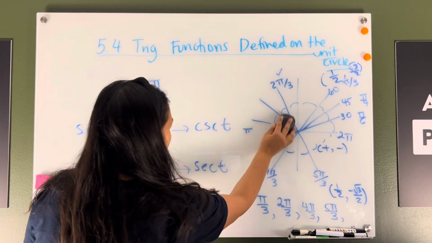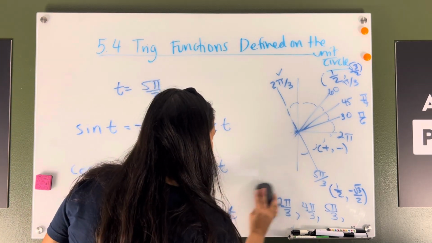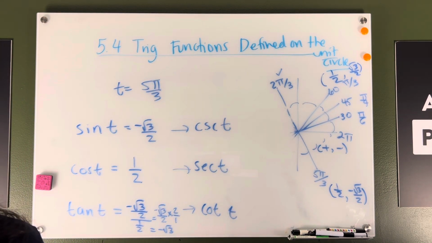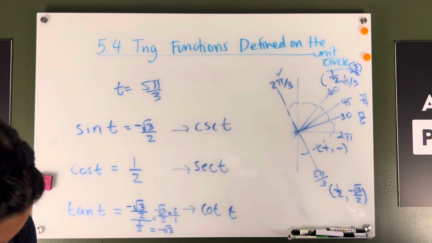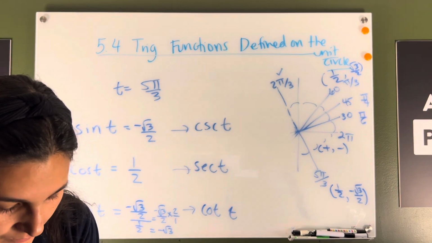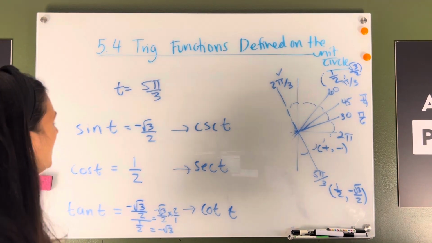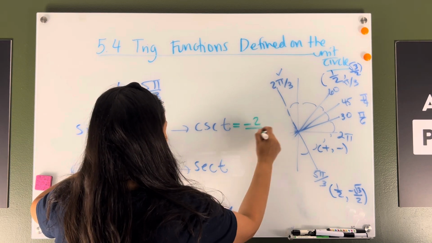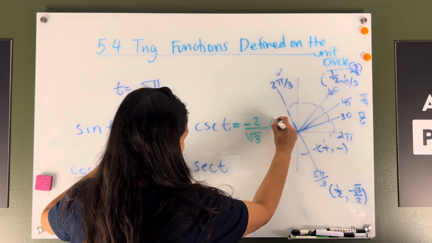I'm gonna erase this portion. Alright, for cosecant, just flip sine. And then of course rationalize when needed.